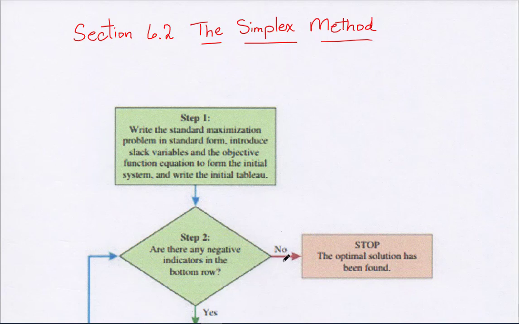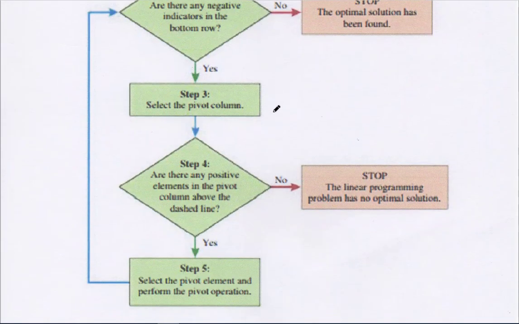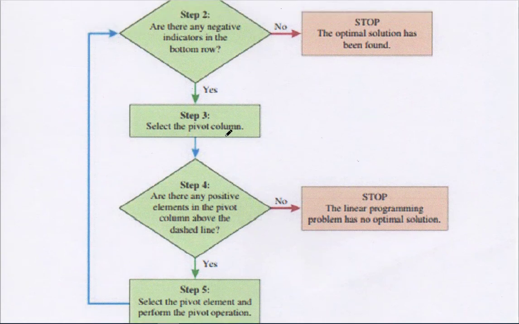If the answer is no, we're done. If the answer is yes, then I have to figure out what the pivot column is. The pivot column will turn out to be the column that has the most negative item in the bottom row.